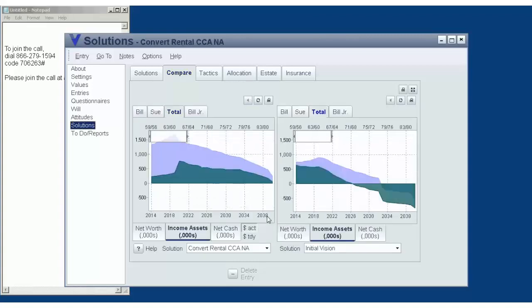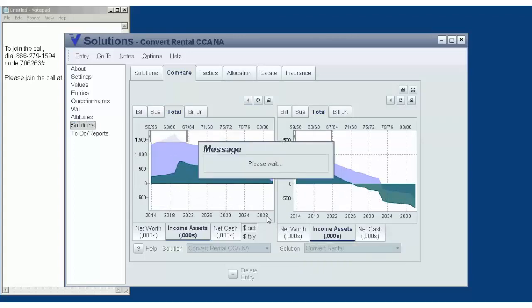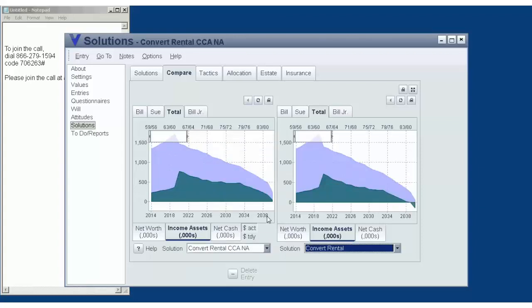So what we're able to do here is compare our convert rental solution where we're claiming CCA to our convert rental solution where we're not claiming CCA.